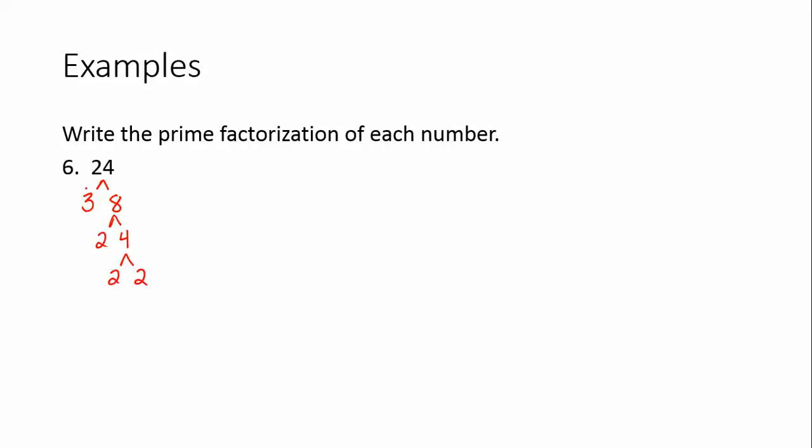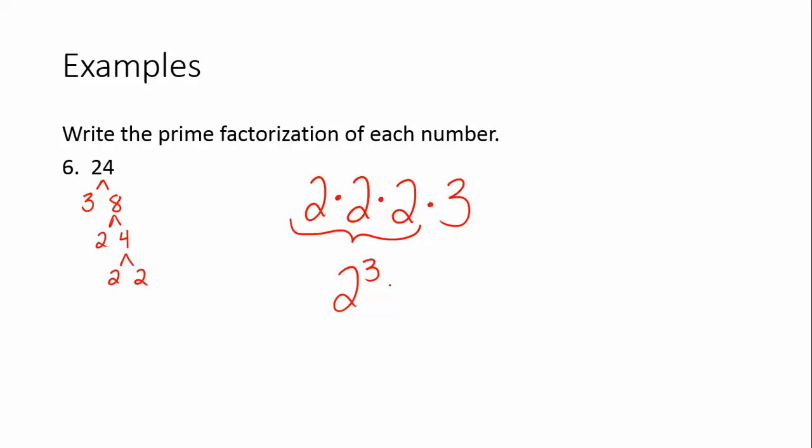So our string of factors in numerical order, and don't forget about all the ends of the branches, is 2 times 2 times 2 times 3. And again, we want to write the 2s using exponents, so that's 2 to the 3rd power times 3. You could check your answer in a calculator. 2 times 2 times 2 times 3 should be 24.